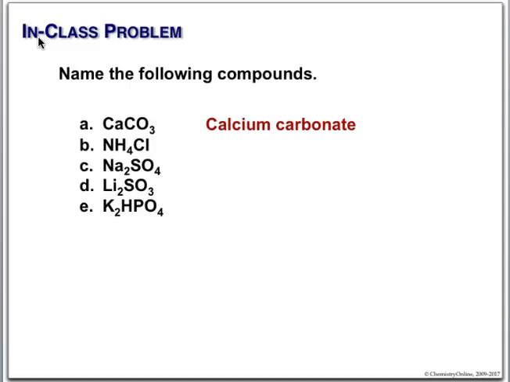Now the only positive cationic, the only positive polyatomic ion that we are going to talk about is NH4. Look at this in your table. This is ammonium. So our first word is ammonium. It's paired with a chlorine, so this is ammonium chloride.